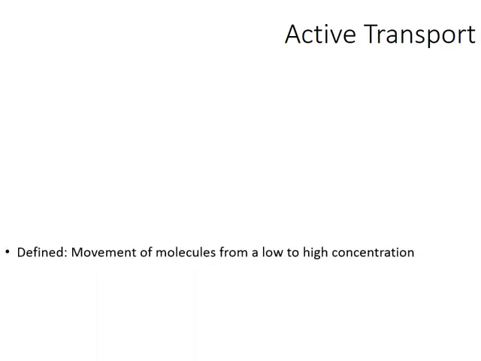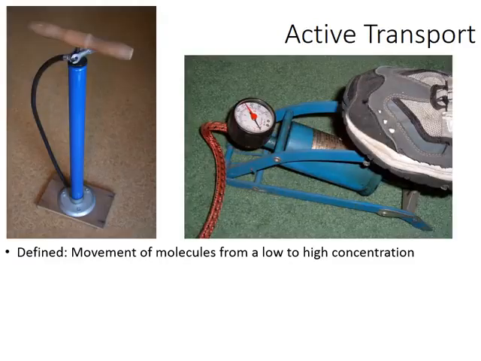So let's go ahead and switch focus now to active transport. And as I said earlier, it's the movement of molecules from a low concentration to a high. It really is the opposite of passive transport. You know, you're often going to see active transport compared to pumps. And so here's two bicycle pumps.